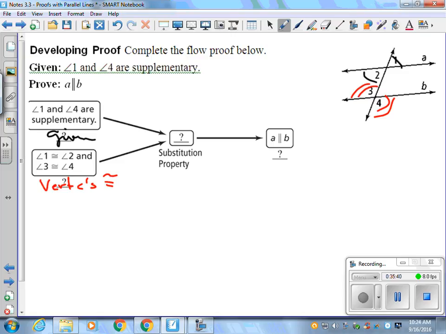So what else can I compare? What kind are 3 and 2? Same side interior. Are they supplementary? Okay. Could I do 1 and 4? Same side exterior? I could do either one of those. So this is the place in the proof in which 2 students could have the same answer.